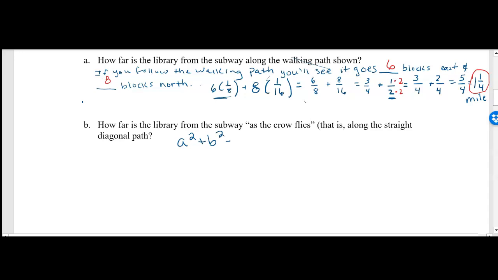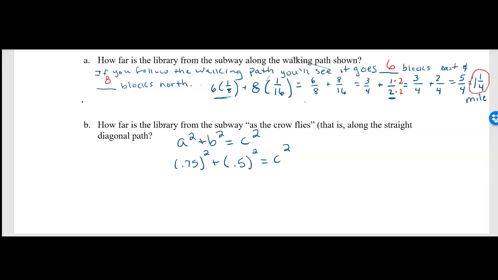and let's plug in using the Pythagorean theorem. We're going to use decimals with this one. So 0.75 squared plus 0.5 squared equals c squared. Now with your calculators, you're just going to square these out.